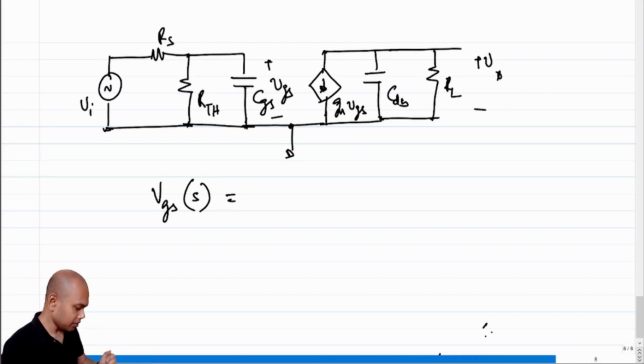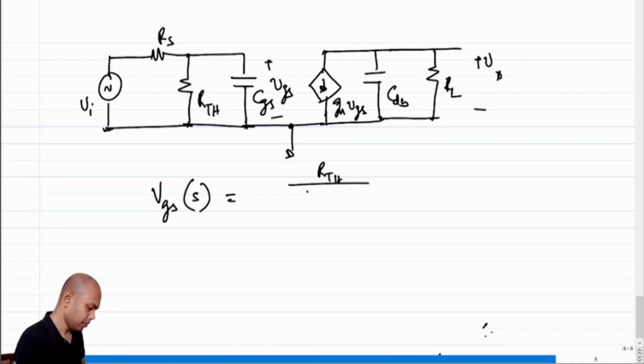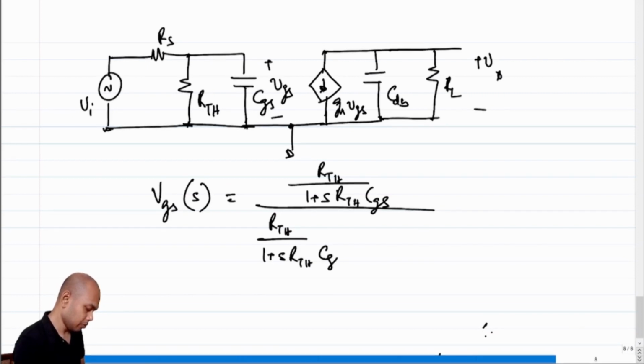So this becomes RTH by 1 plus s times RTH times CGS, which is the parallel combination of RTH and CGS, divided by the same thing plus RS.